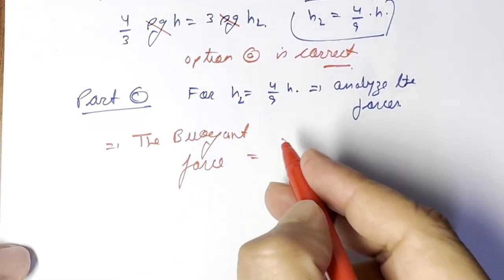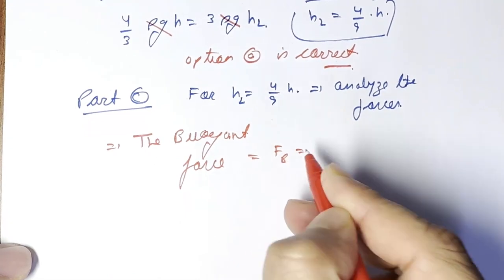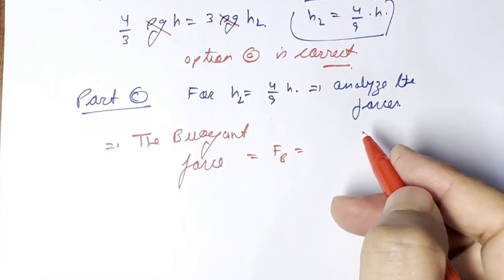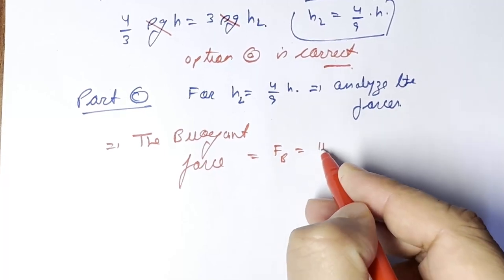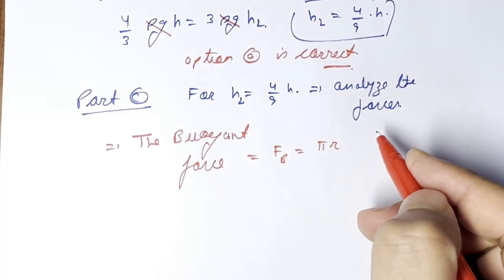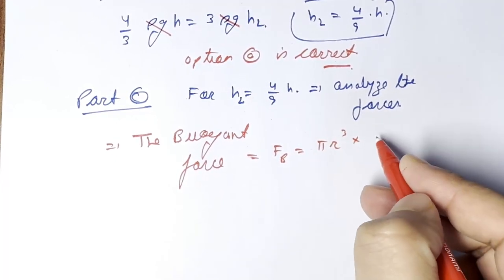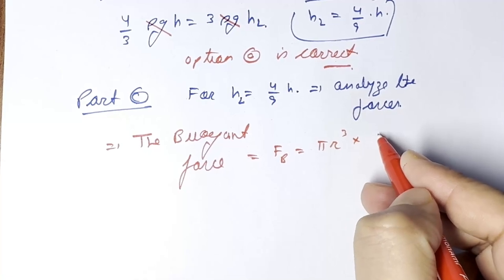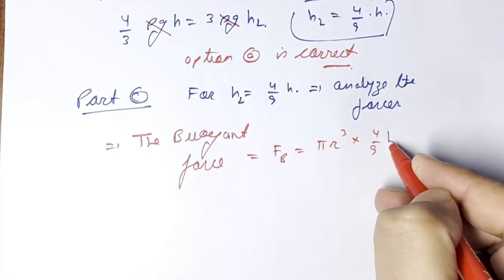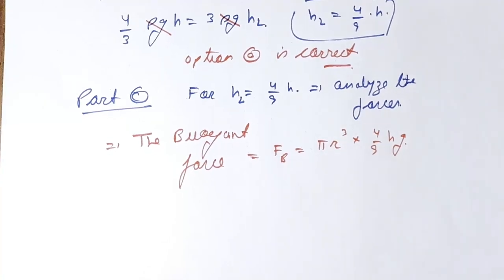Buoyant force, let us call that FB, and that will be equal to pi r cube multiplied by, we have this height is 4/9 h, rho.